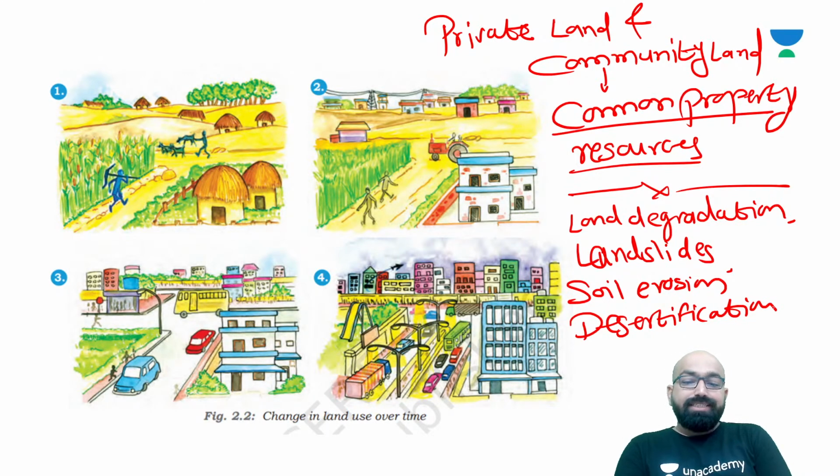Therefore, the present rate of degradation of land must be checked. Afforestation, land reclamation, regulated use of chemical pesticides and fertilizers, and checks on overgrazing are some of the common methods used to conserve land resources.